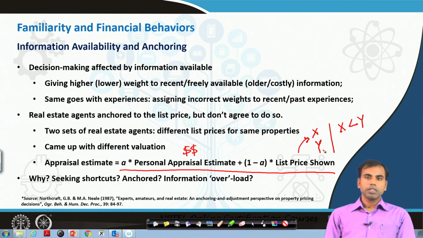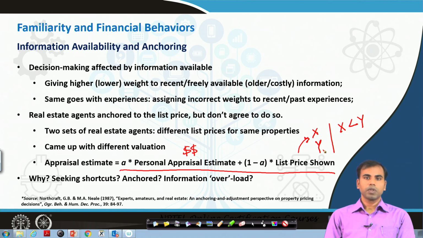This kind of tendency is very commonly observed in the stock market. We had already mentioned a couple of examples which suggest that when investors buy a stock at a certain value and the prices start falling, people might not be interested in selling that stock because they are anchored to the price at which they had purchased.